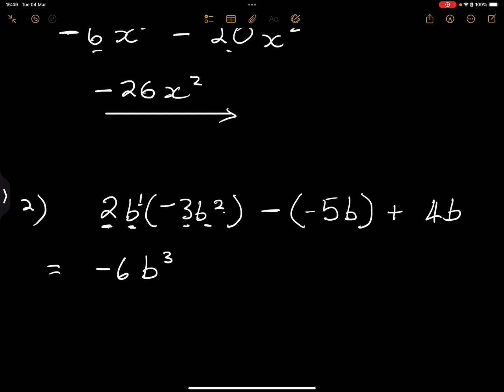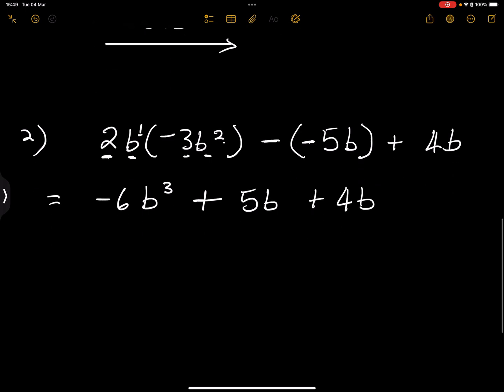Now let's go on to the next one. We've got negative times a negative. Remember, we said if we're multiplying signs that are the same, we always end up with a positive. So negative times a negative will be positive. So that's 5b. And this is going to be plus 4b.